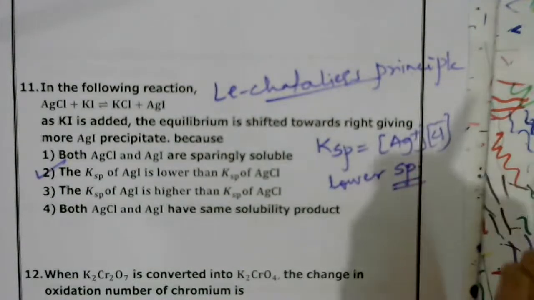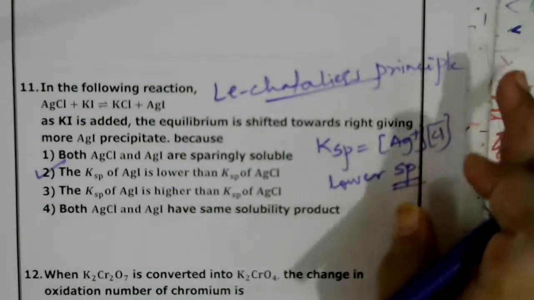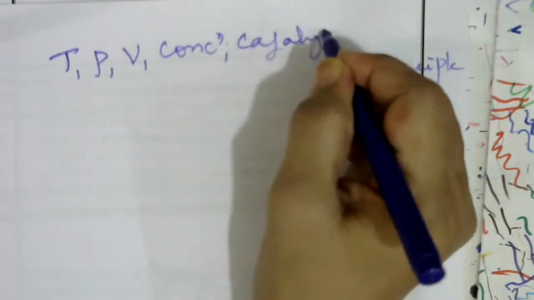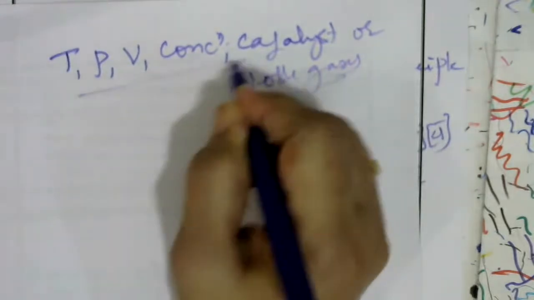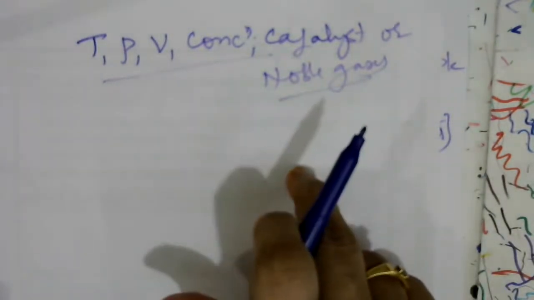When a constraint is added to a reaction at equilibrium, the constraint like temperature, pressure, volume, concentration, or addition of catalyst, or addition of noble gases or the rare gases, any constraint, when a constraint is changed for a reaction at equilibrium, the equilibrium shifts in such a way as to nullify the effect imposed.